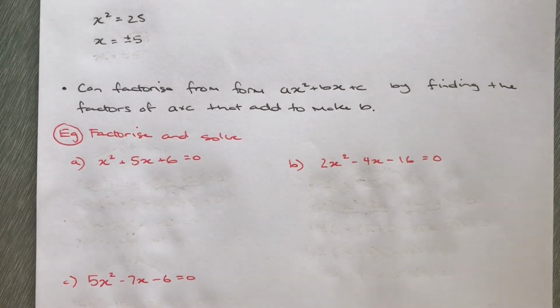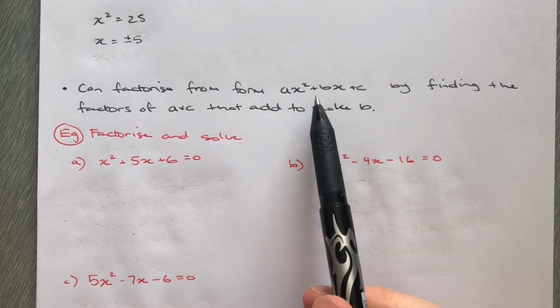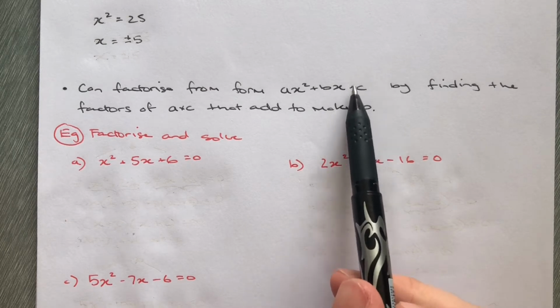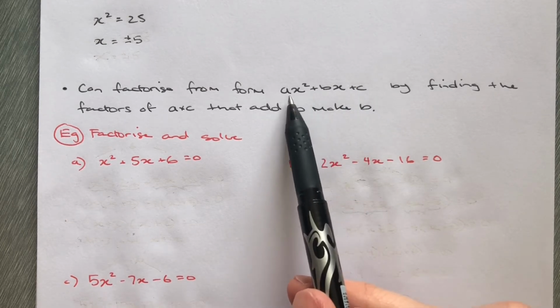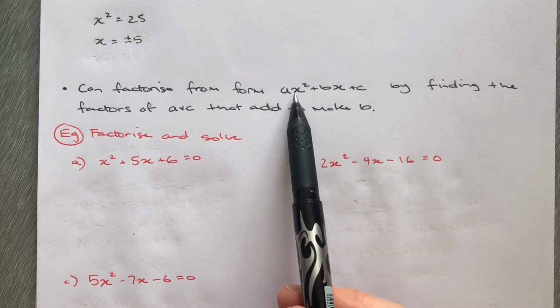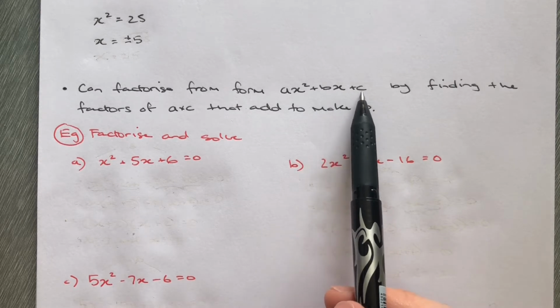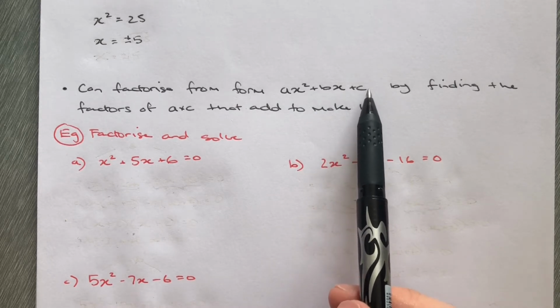Right, now, the quadratics that we were factorizing before, they didn't really come in this sort of general form here, or they did, except we didn't really have C. We only had A and B. So what you'll see is A is just whatever number's at the front of x squared, the coefficient of x squared. B is the coefficient of x, and C is whatever your constant or your normal number is at the end.